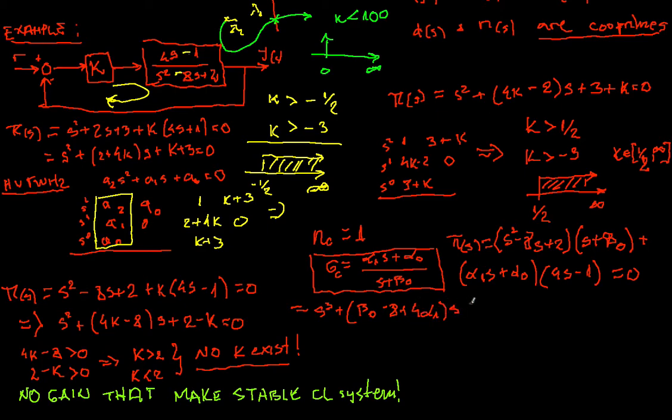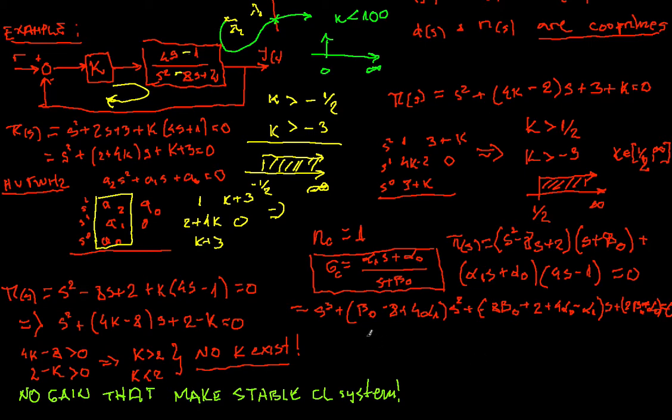You can easily multiply all of this and find out that terms will be grouped in these structures: minus 8 beta 0 plus 2 plus 4 alpha 0 minus alpha 1, this is next to the s term, and the last term is 2 beta 0 minus alpha 0, that's all equals 0.